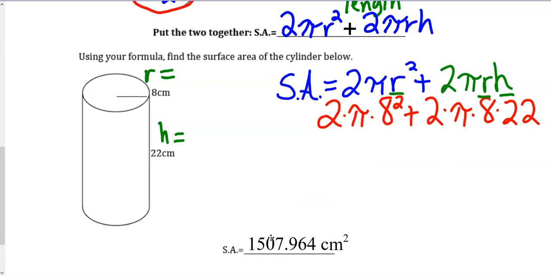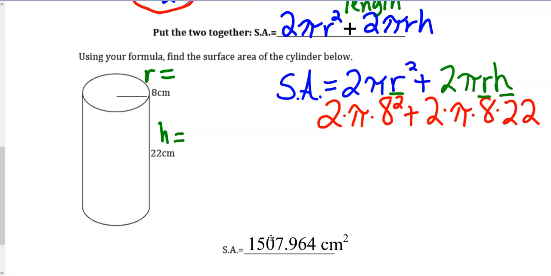Now, I also want to show you how we can use Desmos for this. Just like when we were evaluating expressions and also solving for surface area and volume of rectangular prisms, we can use our Desmos calculator by putting in the formulas and then telling the Desmos calculator the numbers for the variables. So let's go ahead and have a Desmos calculator out.